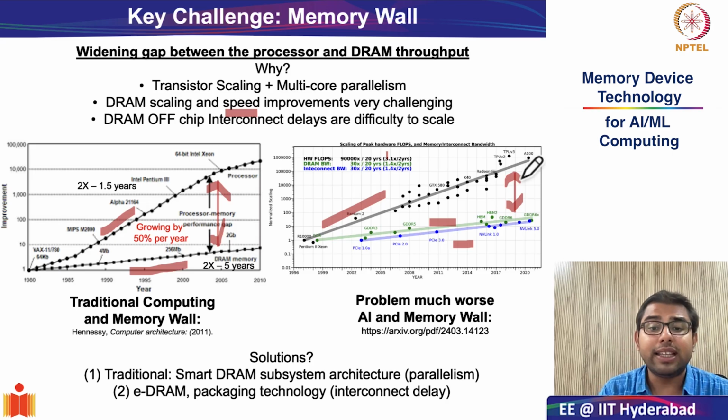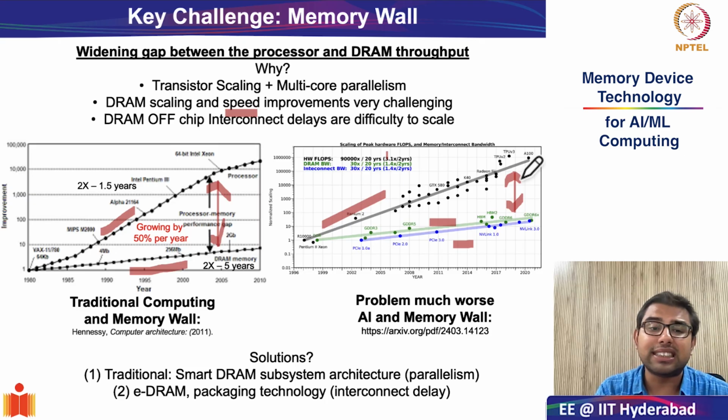And this is how you are trying to manage this growing divide between the processor performance and the DRAM bandwidth. The other approach is at the device level, where you are using embedded DRAMs and new forms of heterogeneous integration and packaging technology to significantly cut down the interconnect delay or parasitics between the processor subsystem and the main memory DRAM subsystem.